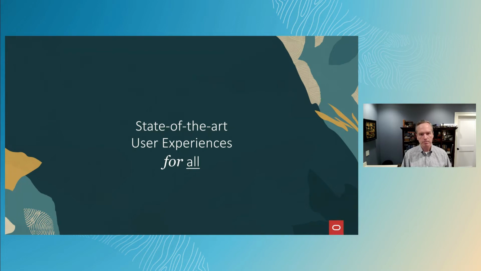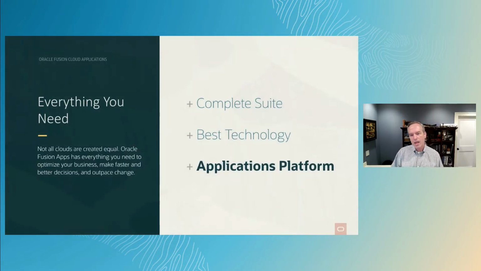And as we've done that, one of the things that has led us to do is think more deeply about what does applications platform mean in the context of the applications themselves. So in the past, lots of people have thought of this as two disparate worlds, applications on one side, platform on the other. And it was up to the partner and the customer to put those two things together.